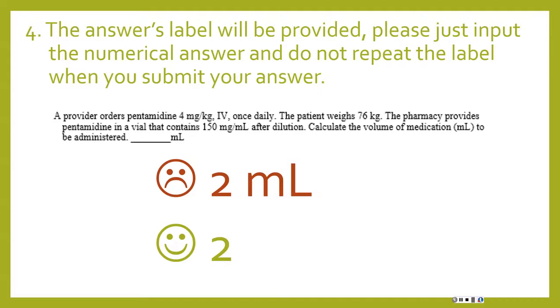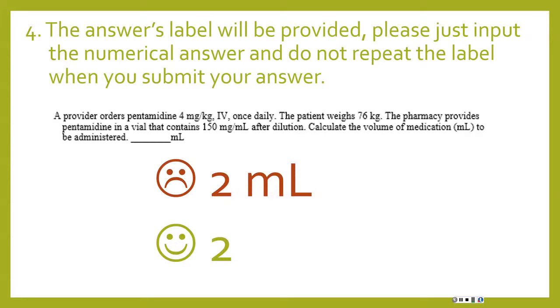When we look at number 4 and how to label the answer, all of my quizzes and exam items for this semester for 227 all have a direction in your question that will say do not include any label. I will always tell you what you're looking for.